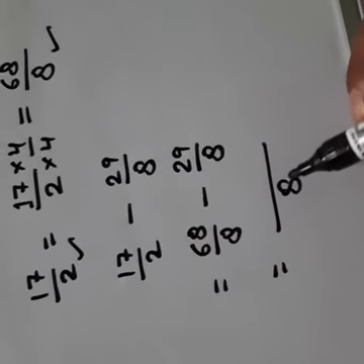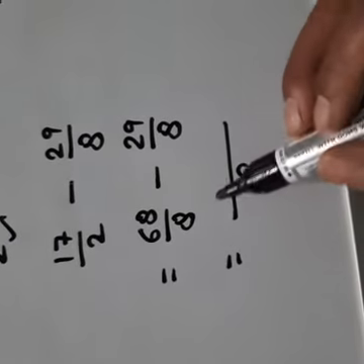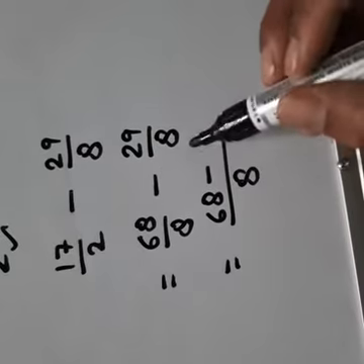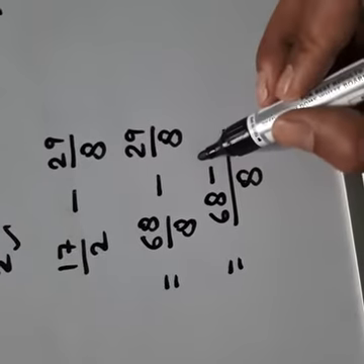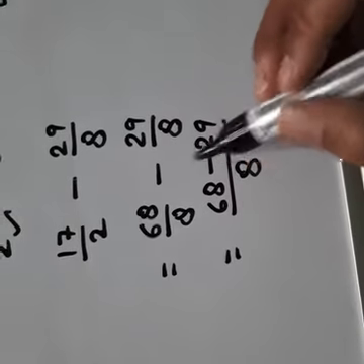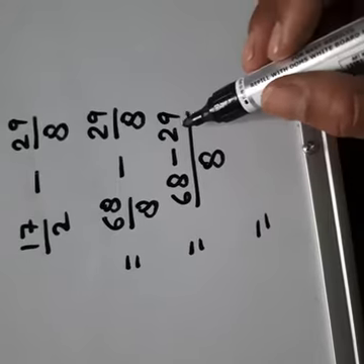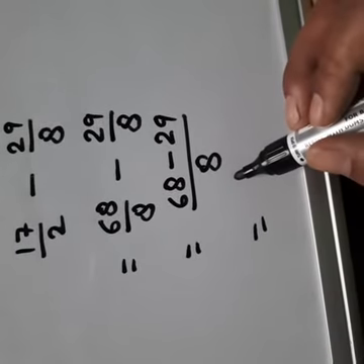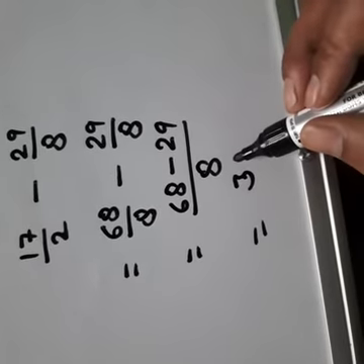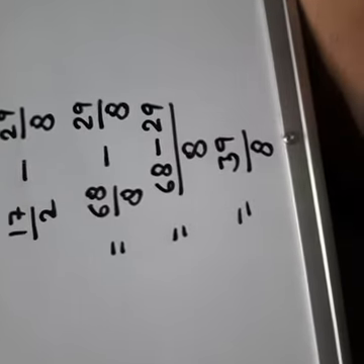Whenever the denominators are equal, write the denominator only once without adding, and in the numerator write both numerators. If addition is given you will add, if subtraction is given you will subtract. Now subtracting 29 from 68 you will get 39. So 39 upon 8 is the final answer.